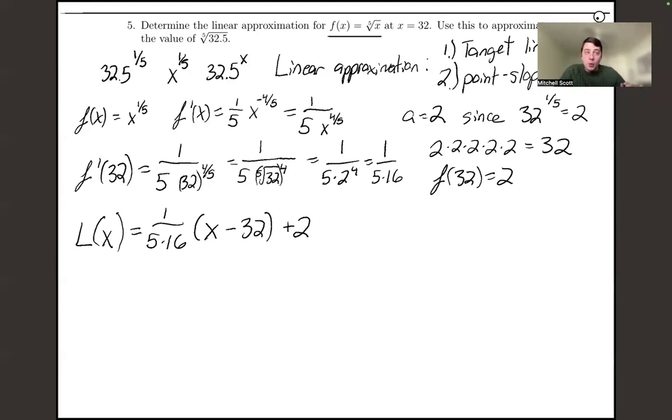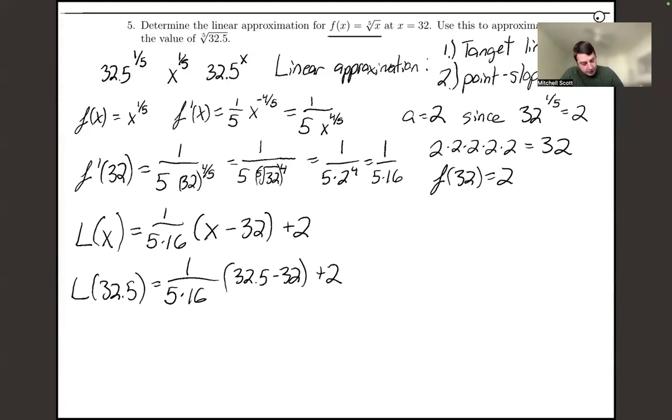We're almost done. We do need to plug in 32.5 into our linearization, which equals 1 over 5 times 16 times 32.5 minus 32, plus 2.